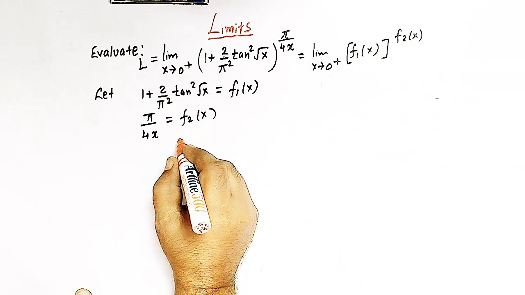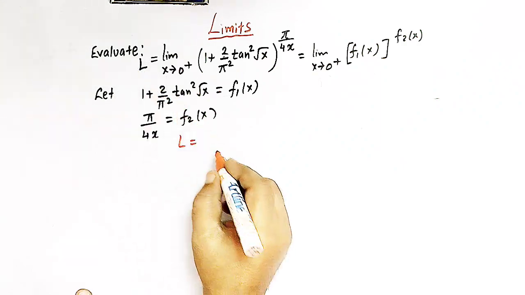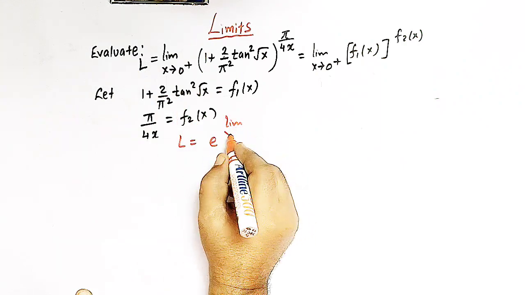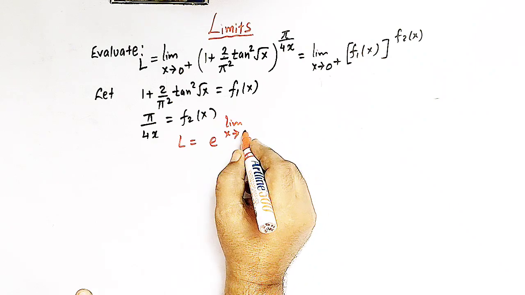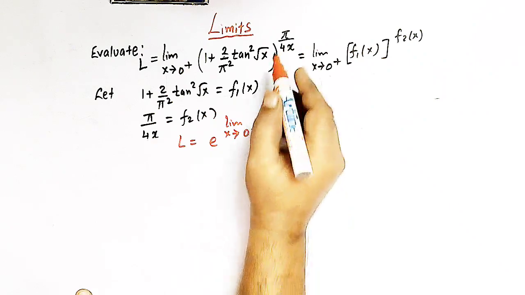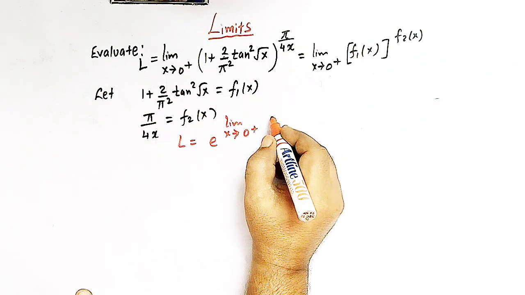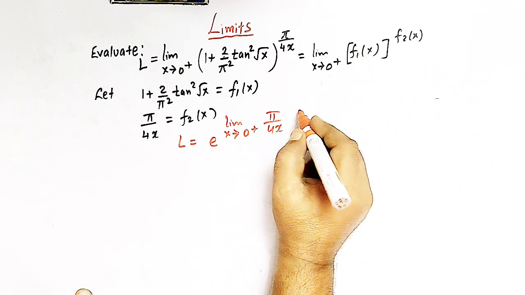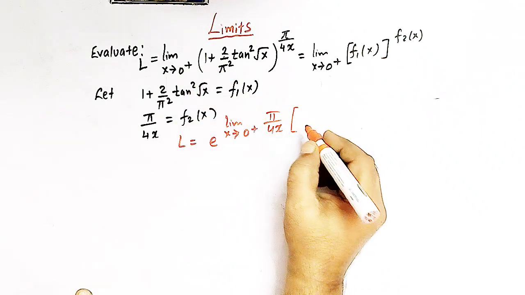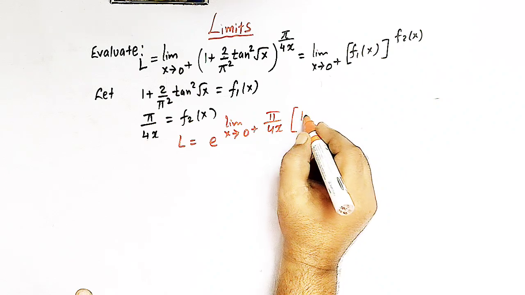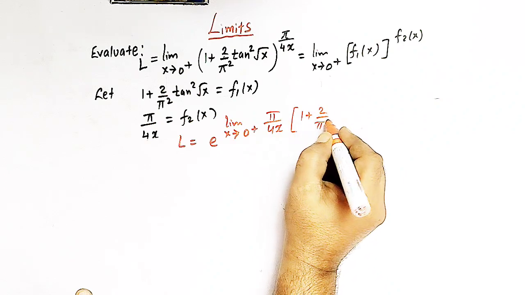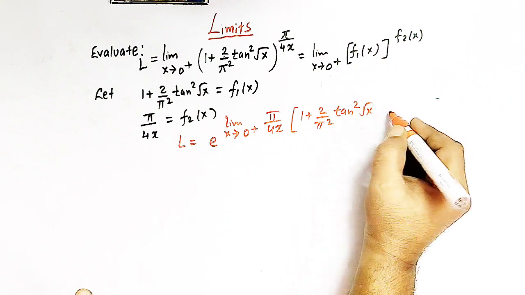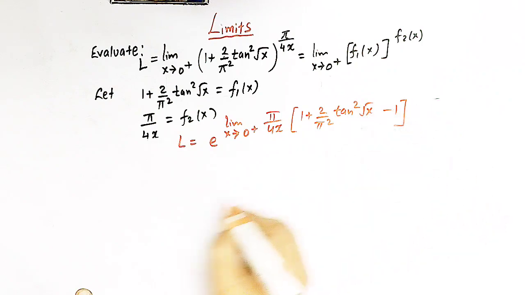So now the value of this limit L can be written as e raised to a limit, where x tends to 0, and here f2(x) is pi over 4x, and f1(x) is 1 plus 2 over pi square tan square root of x, minus 1, right?